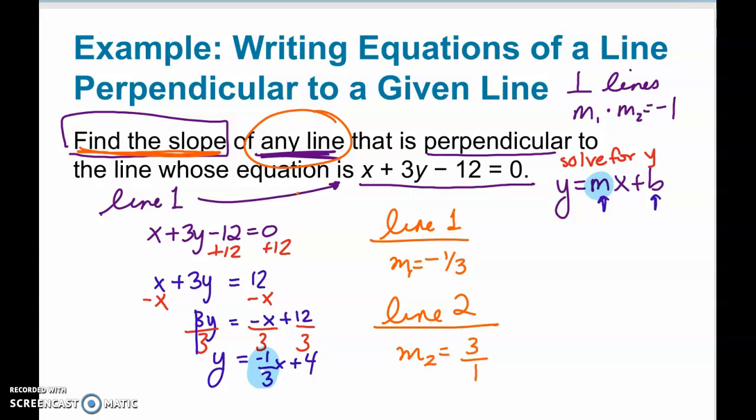So 3/1, and then the opposite sign, so positive. I would just say that the slope of any perpendicular line would be 3.